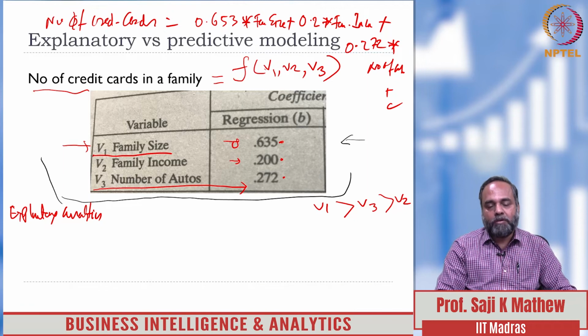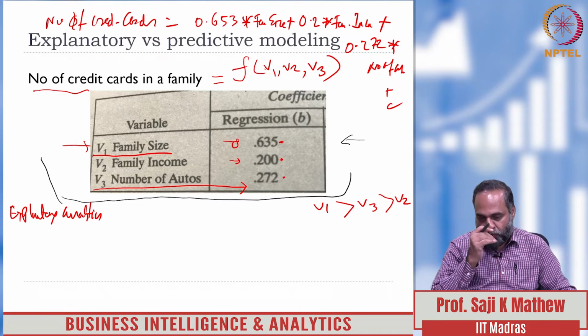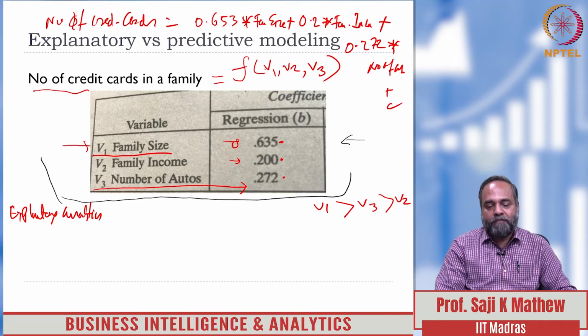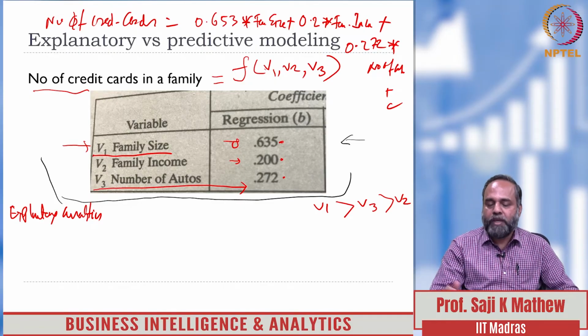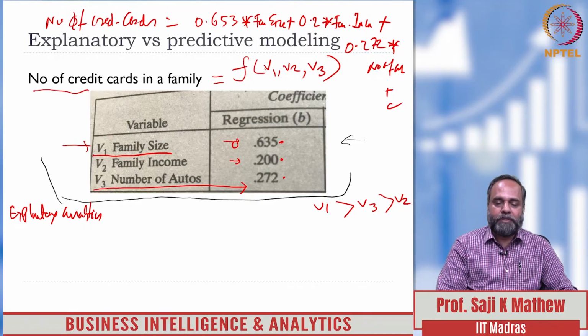Some would say, why not? The higher the value of the coefficient, the more y depends on that variable. 0.635 times V1 influences the number of credit cards, whereas for family income it is only 0.2. But there is a problem here.